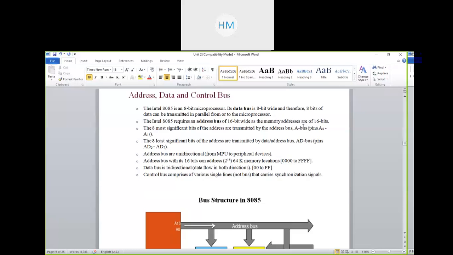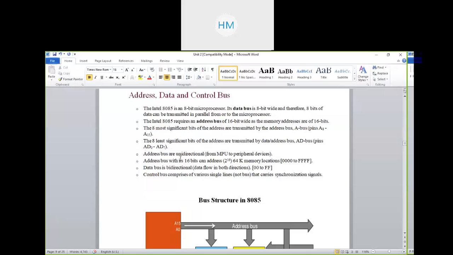For the 8 most significant bits we use only the A bus. For the 8 least significant bits of the address we use the AD bus pins, known as AD0 to AD7. Keep this in mind: for MSB address bits we use A8 to A15, and for the 8 LSBs of the address we use AD0 to AD7.